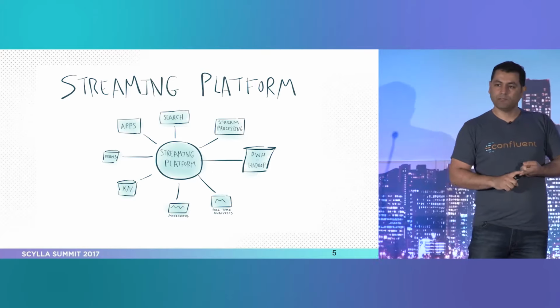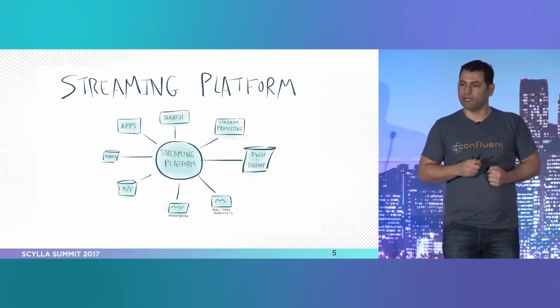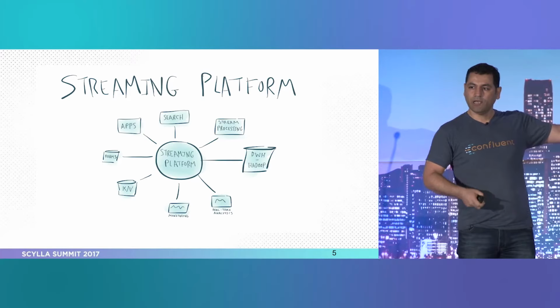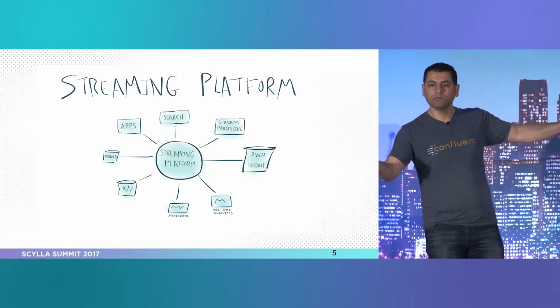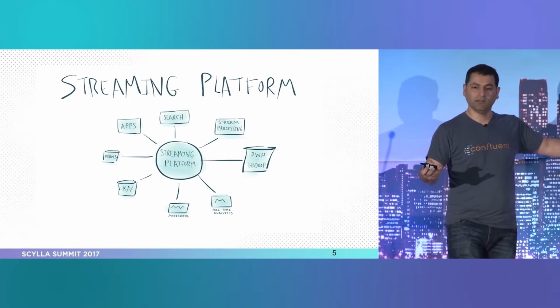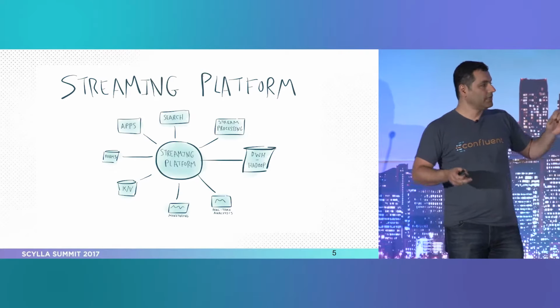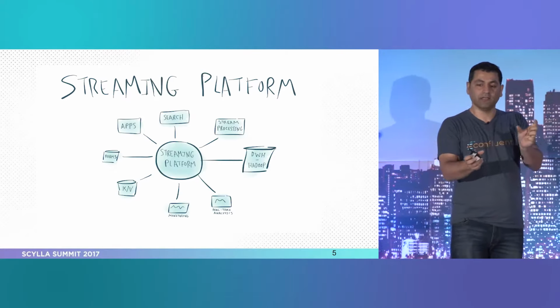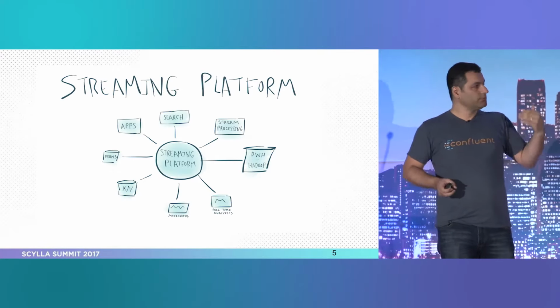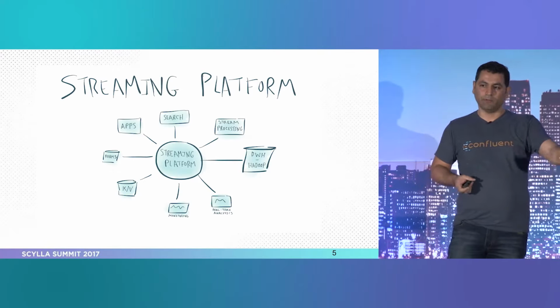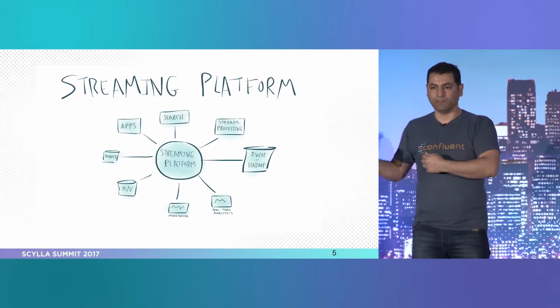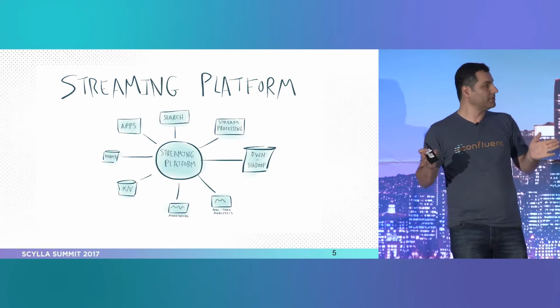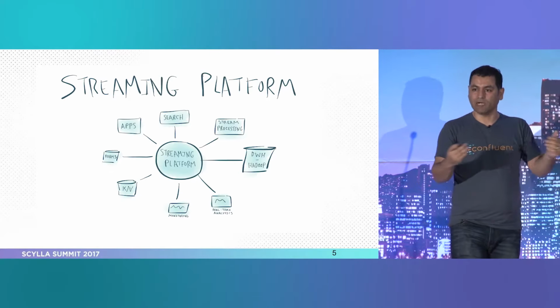One, it decouples the producers and consumers of the data. So you have, let's say, a weblog, and you have an analytics system that you want to use to analyze your visitors to the website. There's no need for them to connect and consume data from each other directly. The producer can put it in the streaming platform, and the consumer can just consume it from there. That decoupling provides a significant advantage compared to a tightly coupled system.